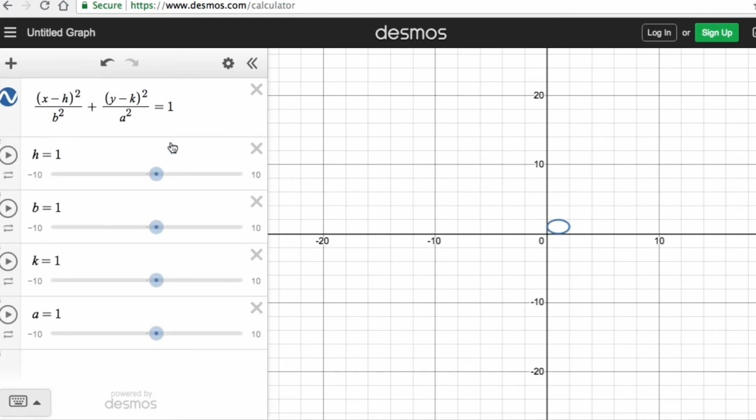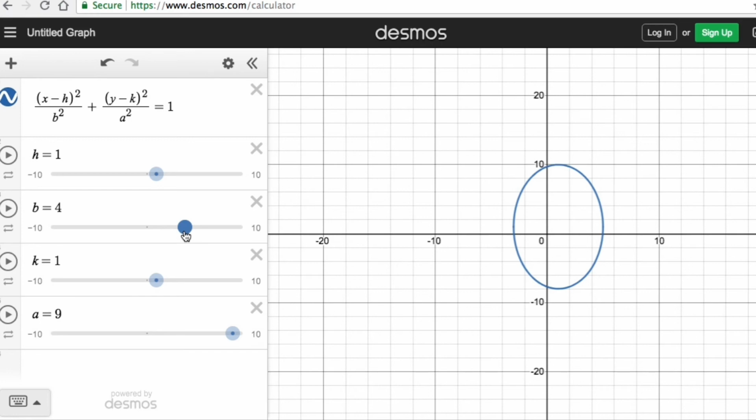And so we set our a to 9. So I'm just going to go ahead and change this to 9 right here. And we are going to set our b to 4. So I'm just going to go ahead and change this to 4 right here. So this is our ellipse.